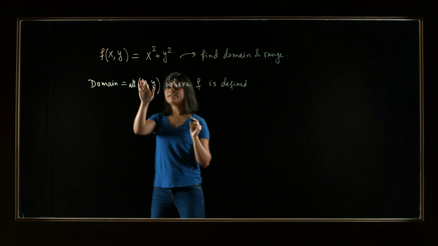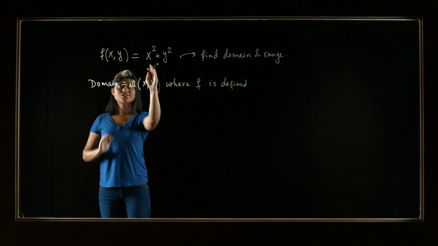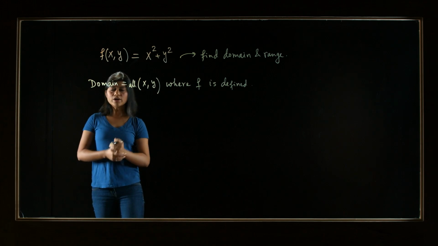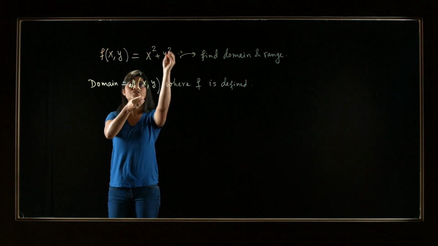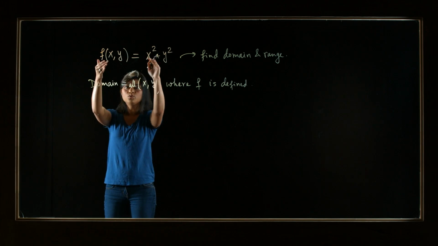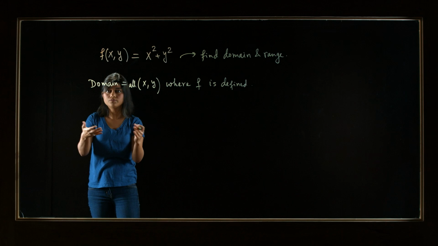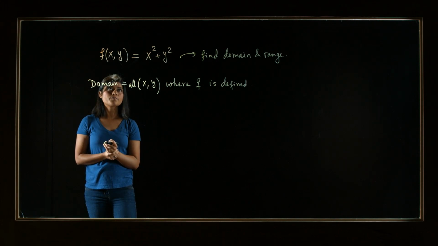Okay. Now look at the expression for the function. It's x square plus y square. Now what kind of x, y values can we plug in so the function will be defined, right?